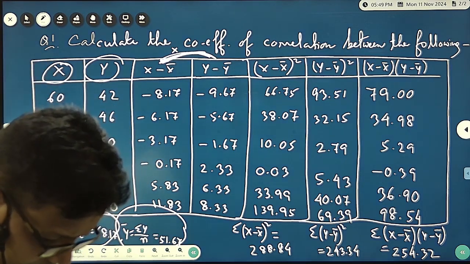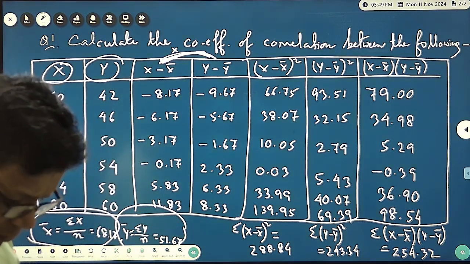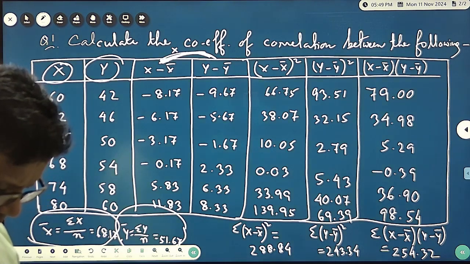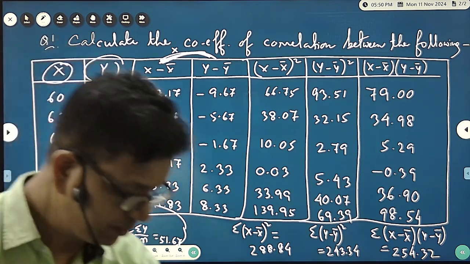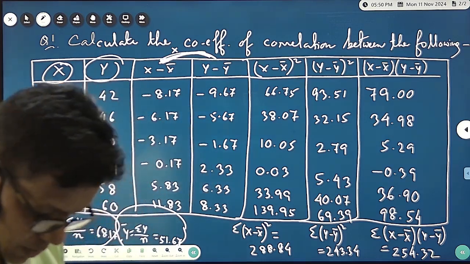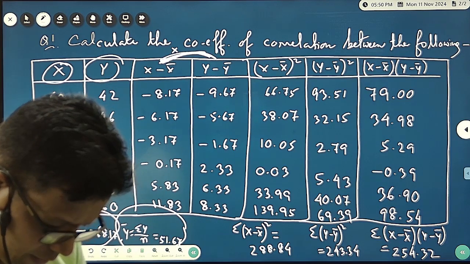So I am going to start, before I continue the next topic, regression. How many minutes? 10 minutes left. I will just give the definition today. We are going to write it in the next class. Okay. Regression line.